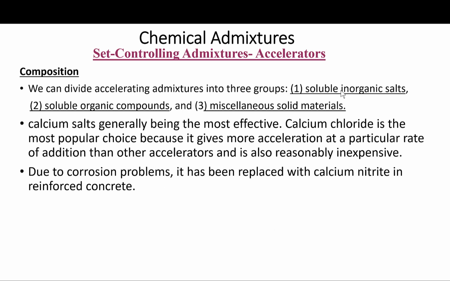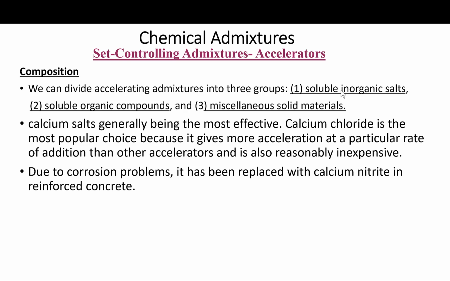So what is the composition of these accelerators or accelerator admixtures? We can divide accelerating admixtures into three groups. Basically, first, soluble inorganic salts, second, soluble organic compounds, and the third one, some miscellaneous solid materials.